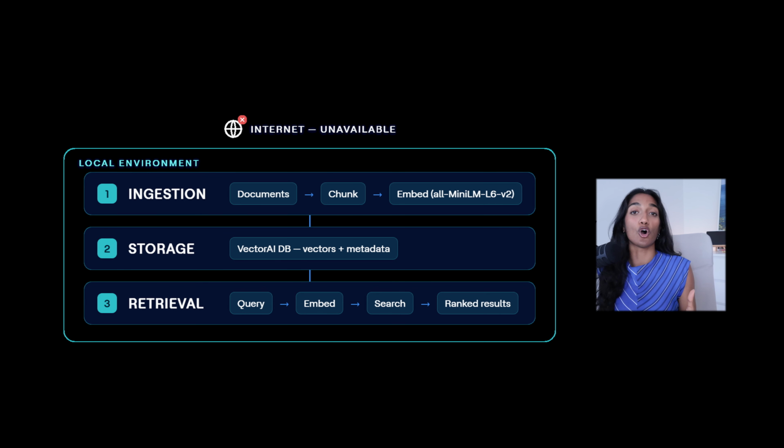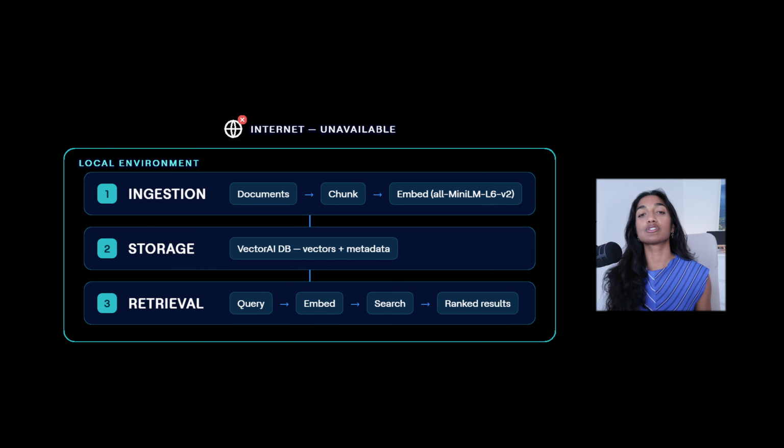Once you have your embeddings, the second layer is to actually store them in the storage layer, which in this case is VectorAI database. It holds the vectors together with metadata, such as the chunk index and the source document, so that we know exactly where the result came from.